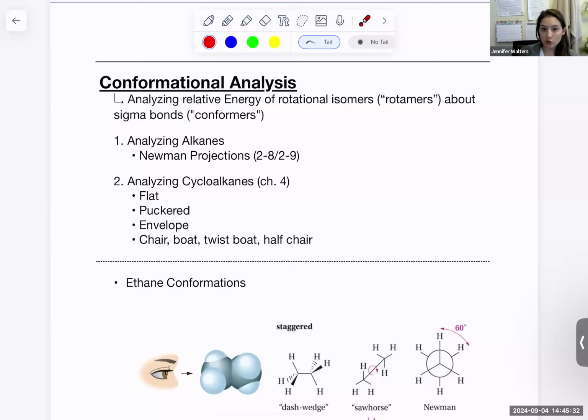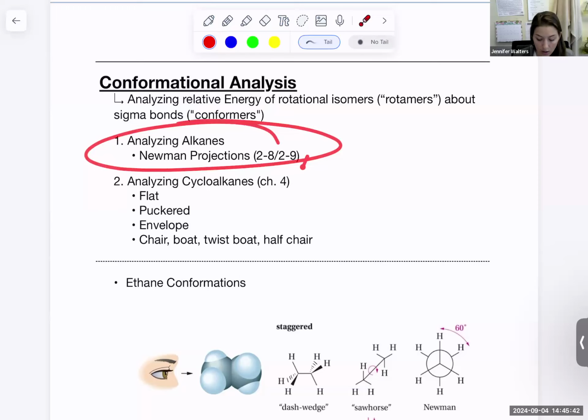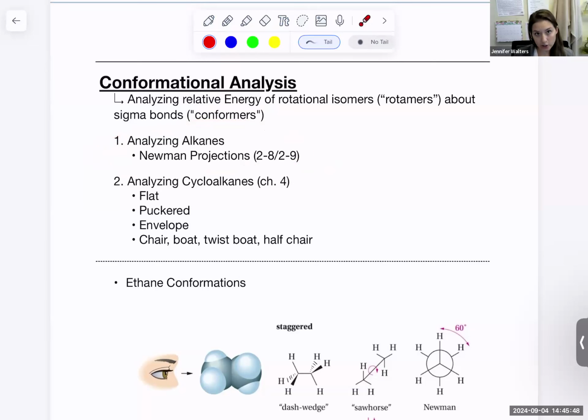So our conformational isomers, rotamers or conformers are all synonyms. They all mean the same thing. We're going to start out by analyzing our Newman projections, and that's where we will end with these lecture notes. Then next lecture, next week, we will get into chapter 4, where we're going to look at our rings and our cycloalkanes.